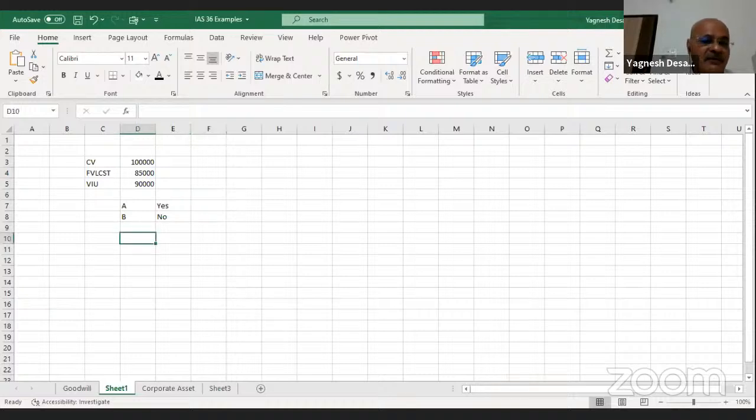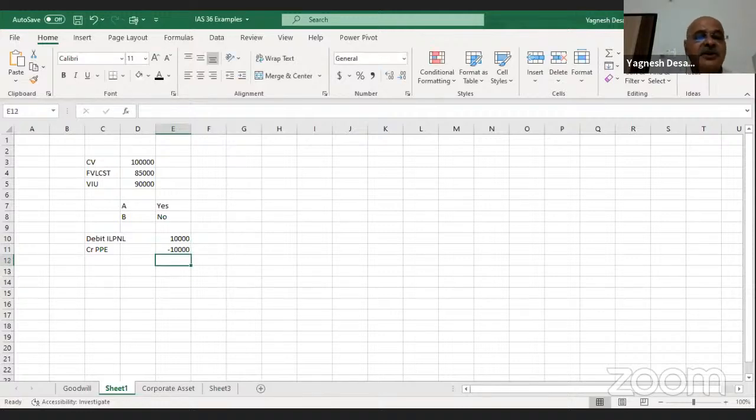What will be my accounting entry, presuming that the entity is following the cost model? If the entity is following the cost model, what will be the accounting entry? You tell me. I'm going to pass the entry right now before you. So in this case, I will debit impairment loss, that is nothing but the P&L account, by 10,000, and I credit my property plant equipment by again 10,000.